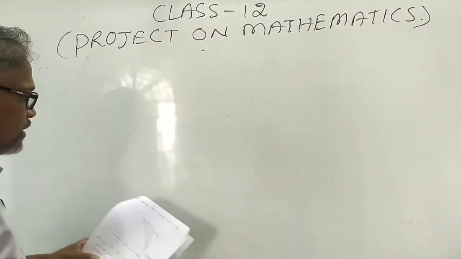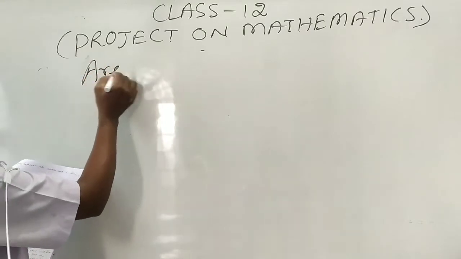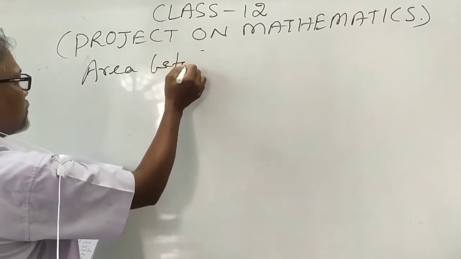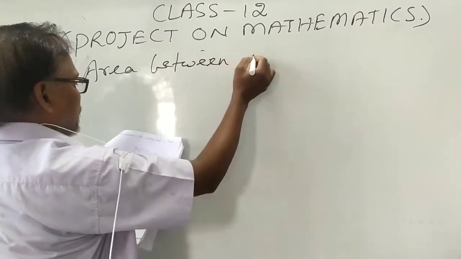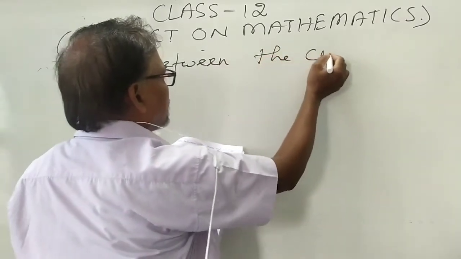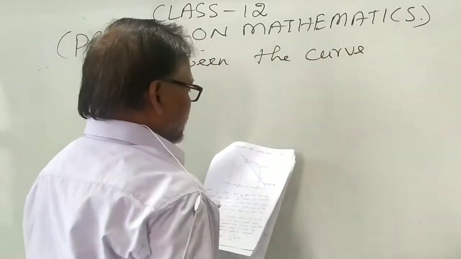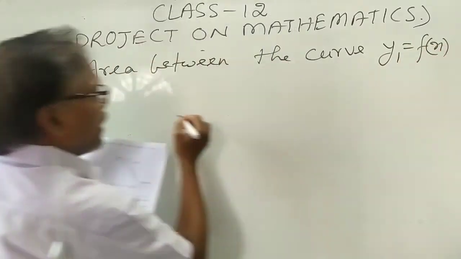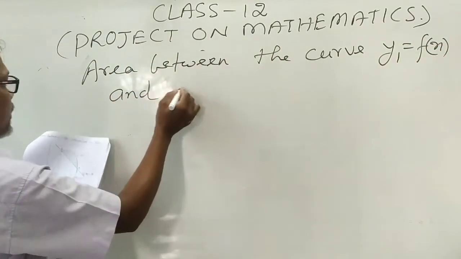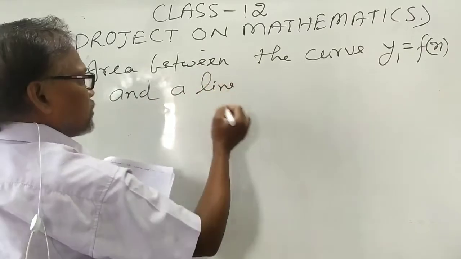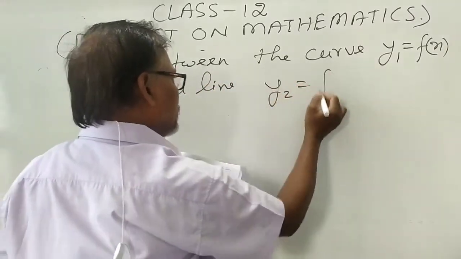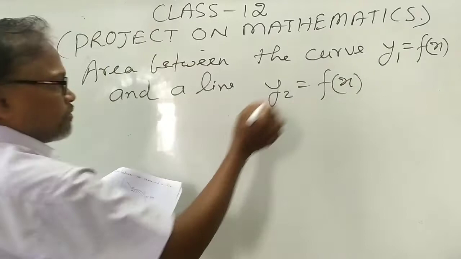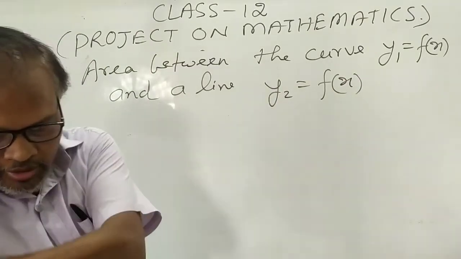Then the next paragraph: area between the curve, the parabola y1 = f(x), and a line y2 = f(x). This is the line y2 = f(x).